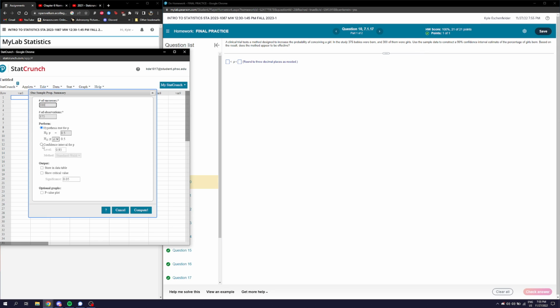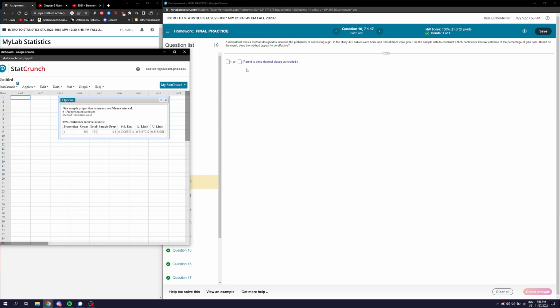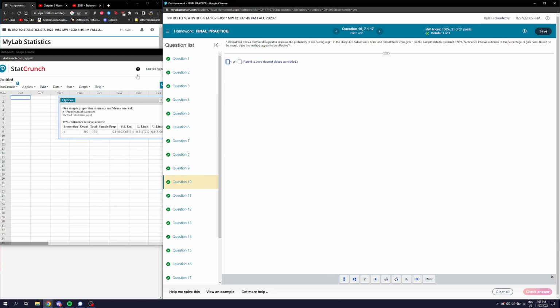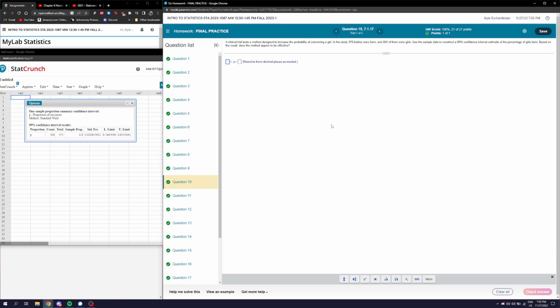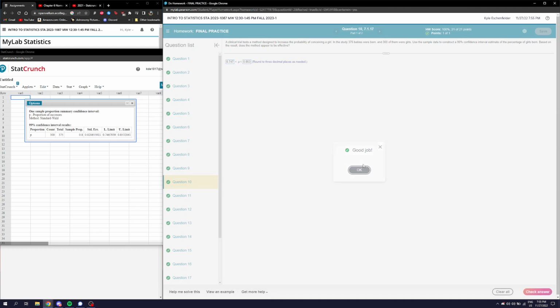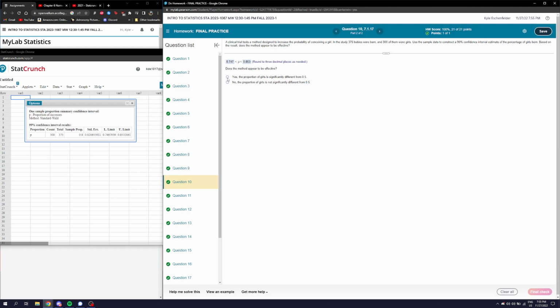And then use this up. A confidence interval of 99%, compute. So the lower limit will show over here. There we go. 0.747, 0.853. Okay. Yes. I mean, you can look at this. You have 300 out of 375. That's a lot.